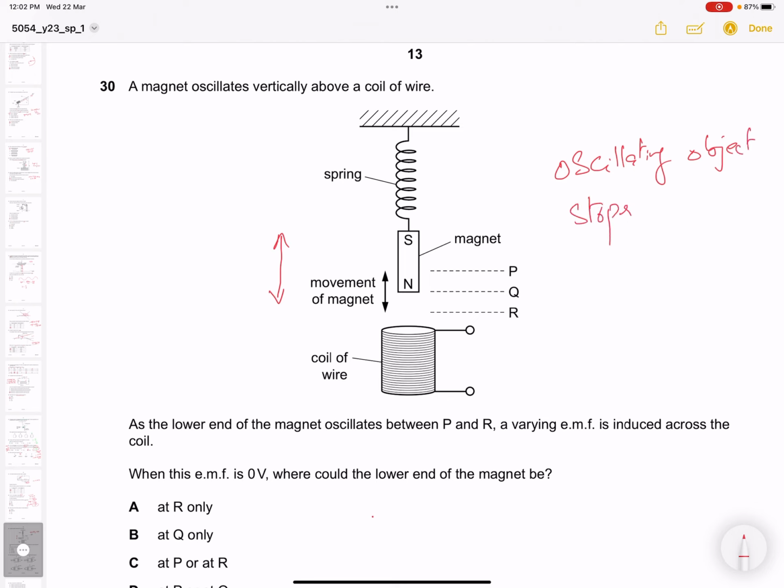So an oscillating object stops momentarily at extreme positions.